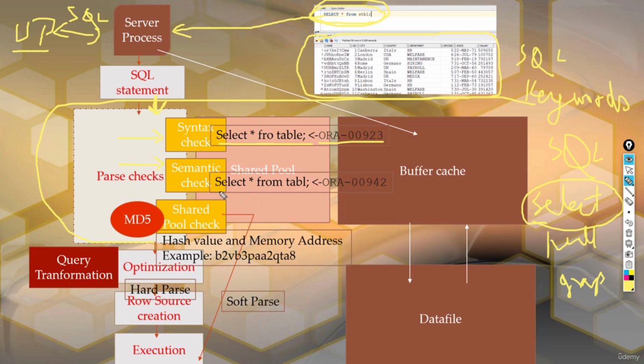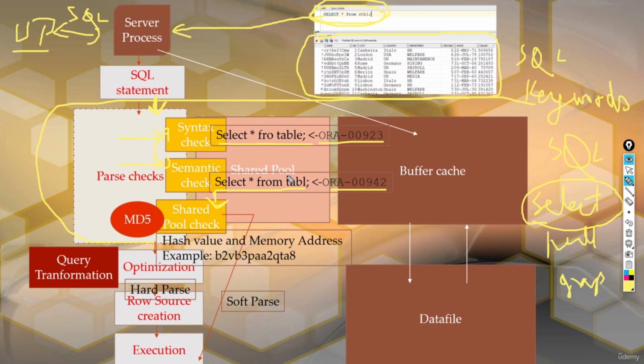In the semantic check, Oracle checks whether that particular object exists in the database or not. Okay, if the object does not exist, then Oracle will throw an ORA-00942 error. Okay, so if the object exists, then it will go for the shared pool check. So if the first two checks are passed, then it will go to the third check, which is the shared pool check.